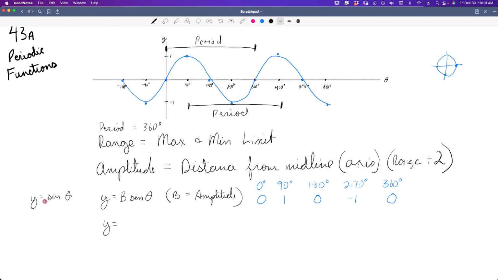Why? Because just like in every other equation we've ever done, whenever it's just 1 times something, we don't write the 1. So the b, when it's not present, b is 1, okay?